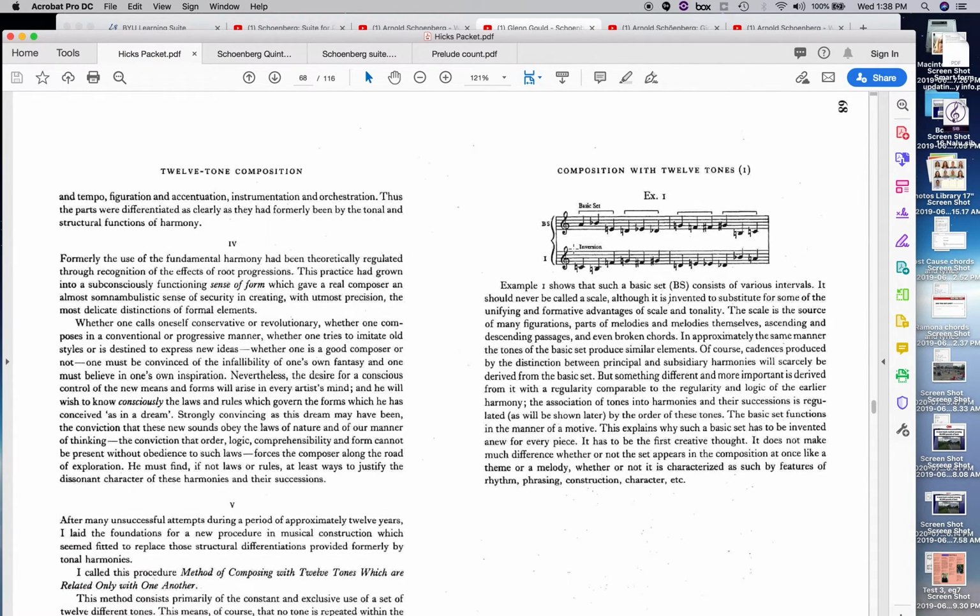Here is a set, and he talks here. This little illustration gives us almost everything we need to know. I don't remember what piece this is. This may be for the piano suite that Glenn Gould was talking about. I don't remember. But the basic set, the BS, that's an unfortunate acronym there.